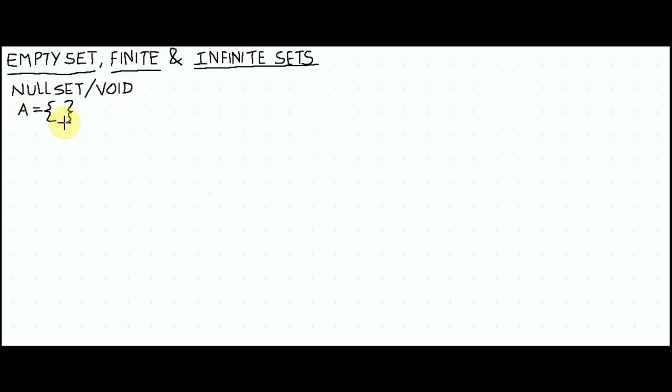It does not have any element, so we will call it an empty set. And there is one more representation of the empty set, which is generally the letter phi. Whenever we write phi, we don't need to represent it in braces or curly brackets. So if A is an empty set, we can represent it as phi also.